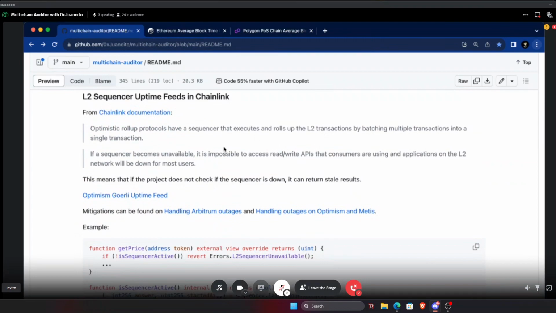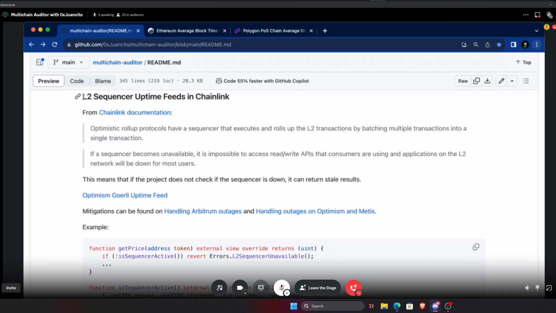This is a fan favorite of people who are auditing on contests because a lot of projects miss this one. If you're auditing, you might have seen the Chainlink fees and the Chainlink uptime, and not to get stale results. But specifically on layer 2s, you have to check for another specific check, which is that the sequencer is up.